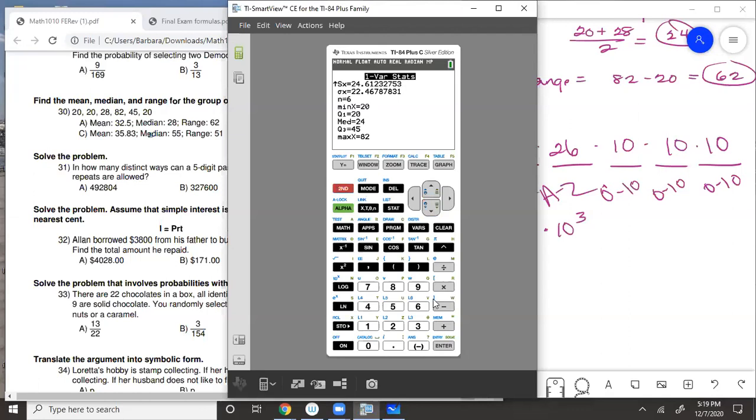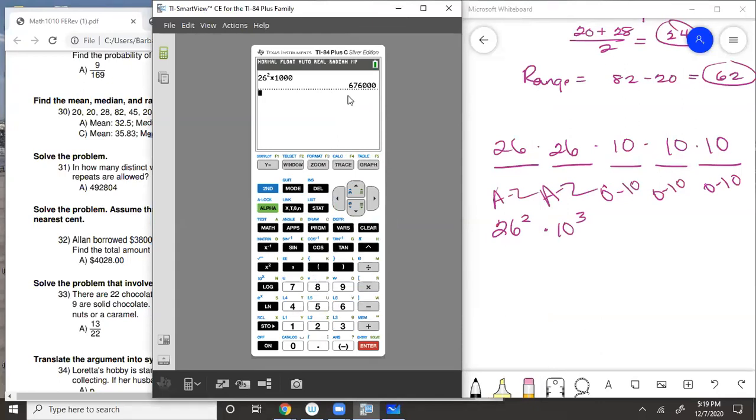Second mode quits. All right. So 26 squared. 20,280. Oh, you got it? Yeah. Times 10 or 1,000. Okay. 26. Wait, 26 squared is 676, right?